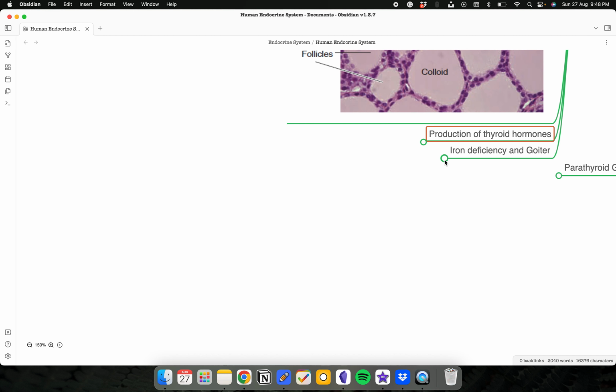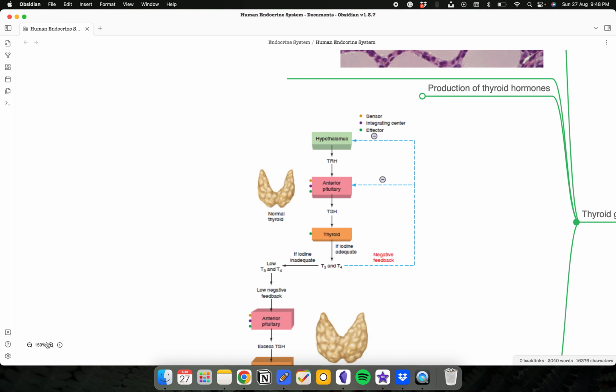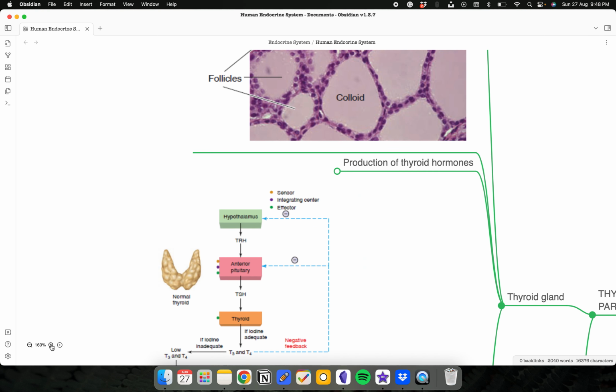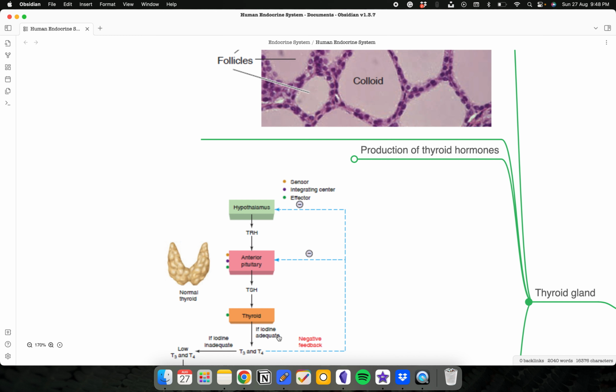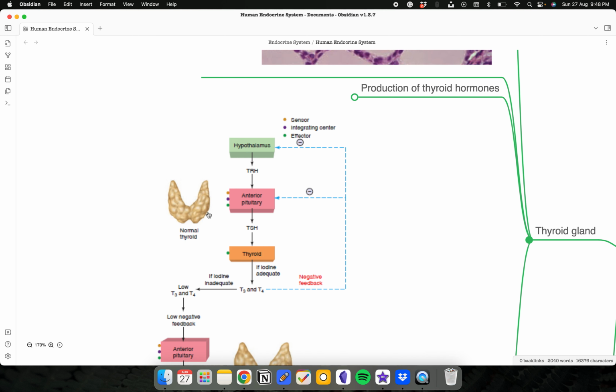Let's see what happens. We are talking about the thyroid hormones, and we'll discuss when we have a normal thyroid gland and adequate amount of iodine, and we'll also discuss what happens if we don't have an adequate amount of iodine. So first, iodine is adequate and we have a normal thyroid. This is the hypothalamus.